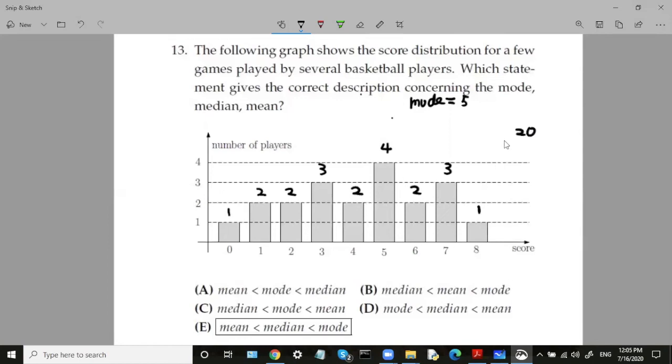So the median should be the mean of the scores of the number 10 and number 11 players. Number 10 is 4, plus number 11 is 5, divided by 2 is 4.5. So the median equals 4.5.